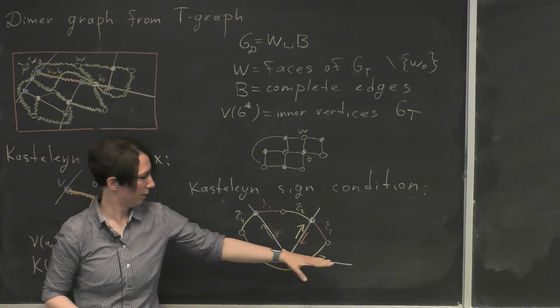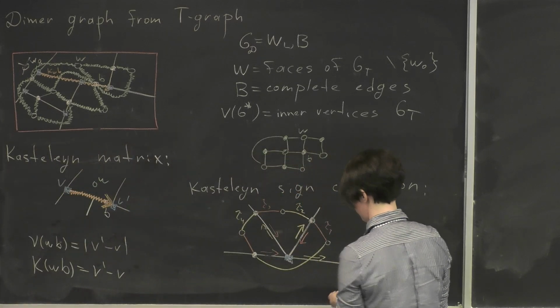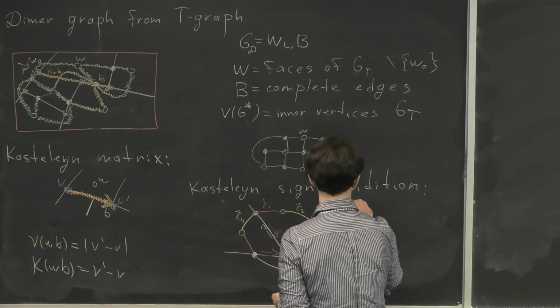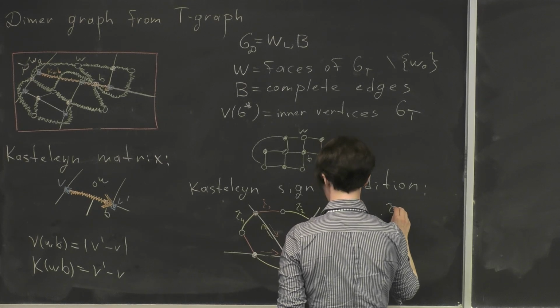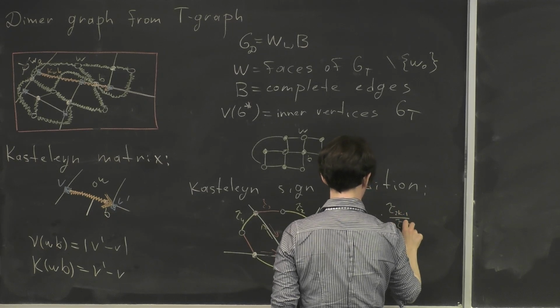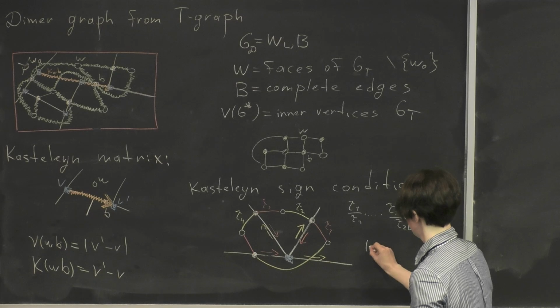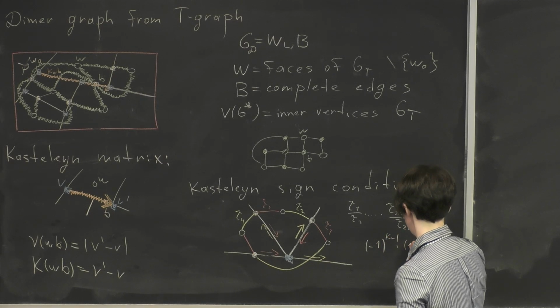So those two directions are the same, which gives me that tau 1 divided by tau 2 times etc. times tau 2k minus 1 divided by tau 2k is equal to -1 to the power k minus 1 times 1.